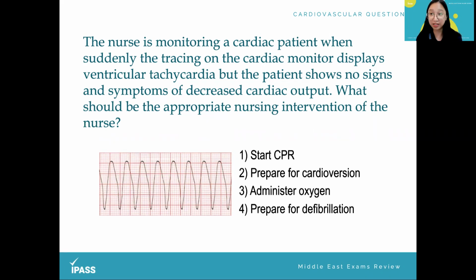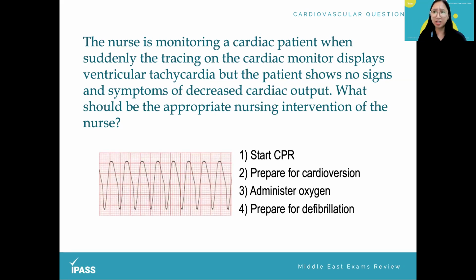So for this case, before you start CPR or do any other intervention, you should assess first. When you assess, check first for the placement of your cardiac monitors or of your pads. Why? Problem in placement could lead to incorrect ECG tracing. If you're done with checking the placement of your pads, you can now check for the pulse of the patient.